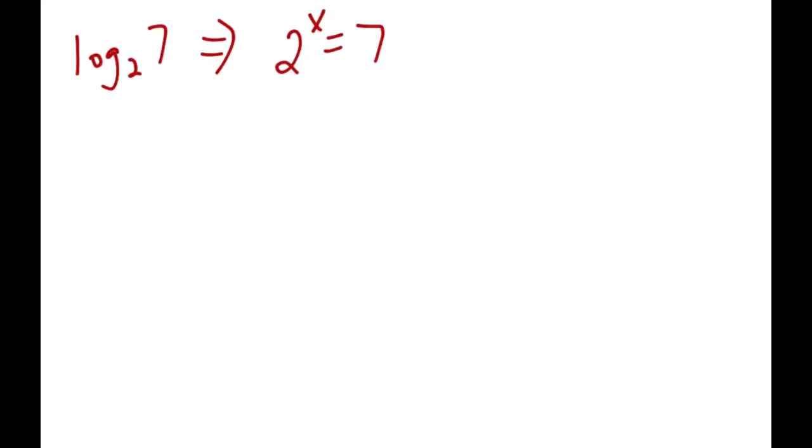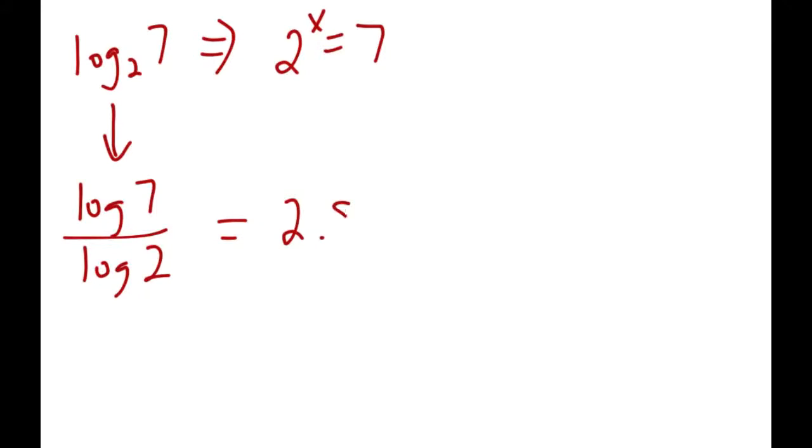Our better solution is to just leave it in log form and solve it as log 7 divided by log 2. We do that on our calculator, log 7 divided by log 2. We get an answer of 2.81 if we round off the decimal.